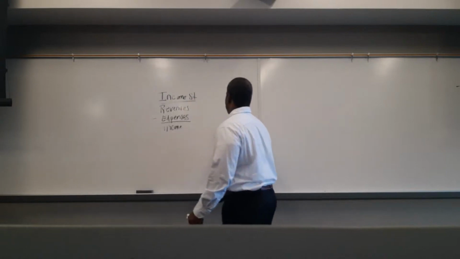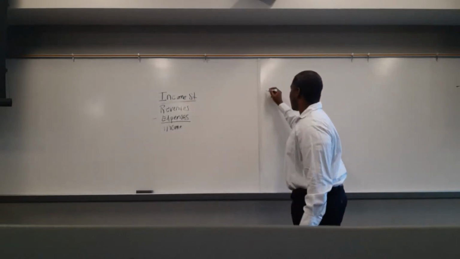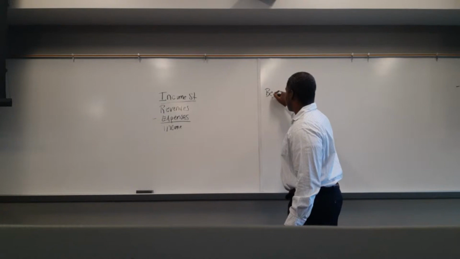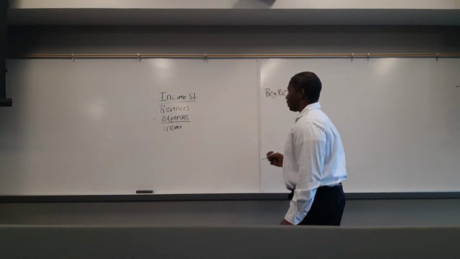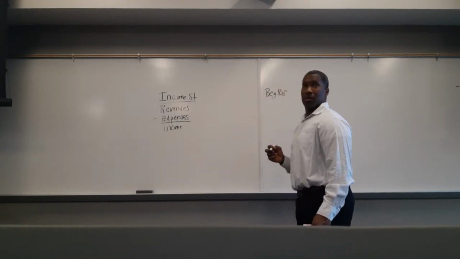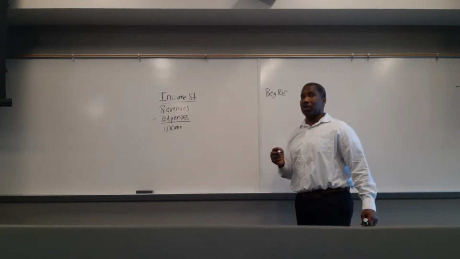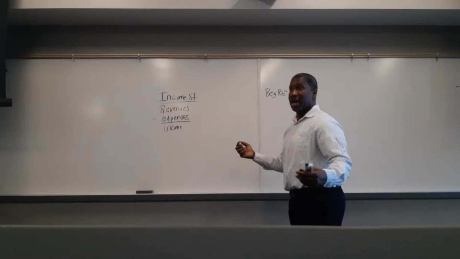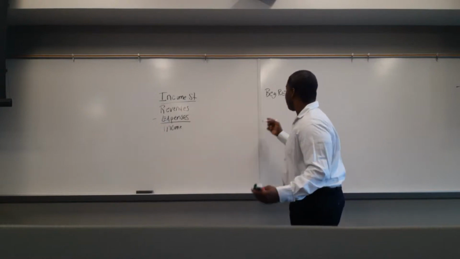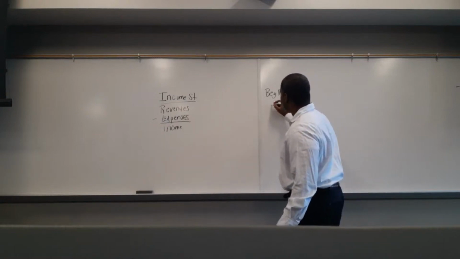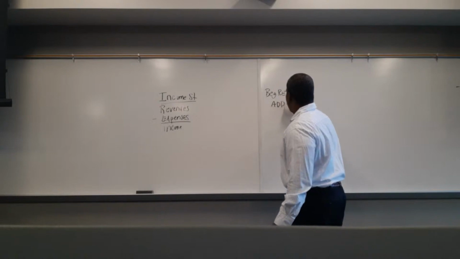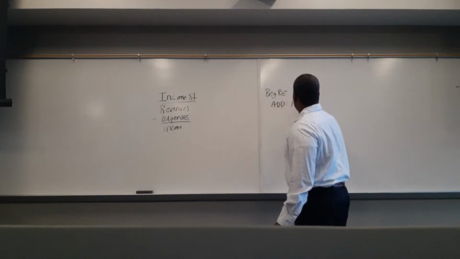Now, the general way we do the retained earnings statement will be the beginning retained earnings. And what will we do to the beginning retained earnings? We'll add or subtract. Add it, because we usually expect to have a gain. If we have a loss, we will subtract it, but in most cases, because we have a gain, we will add our income.